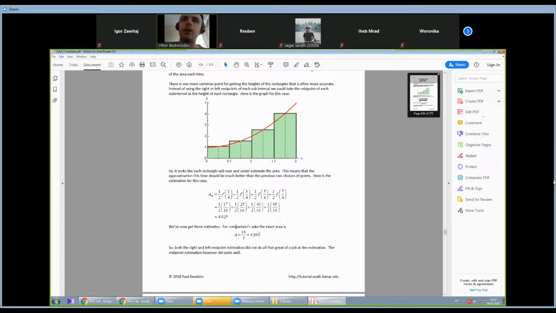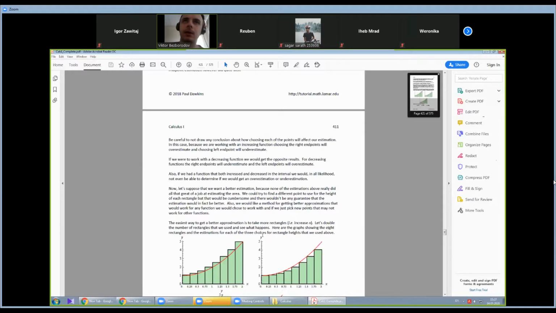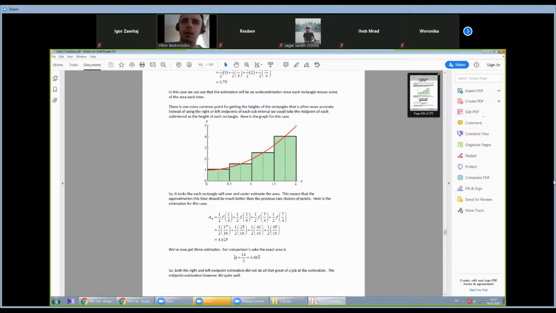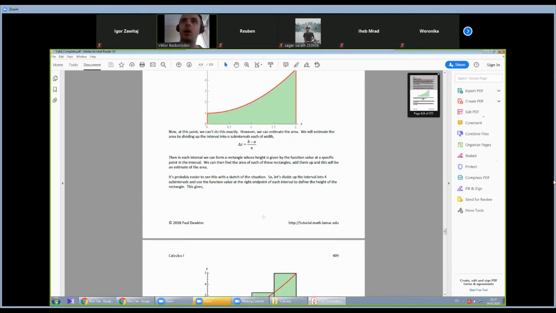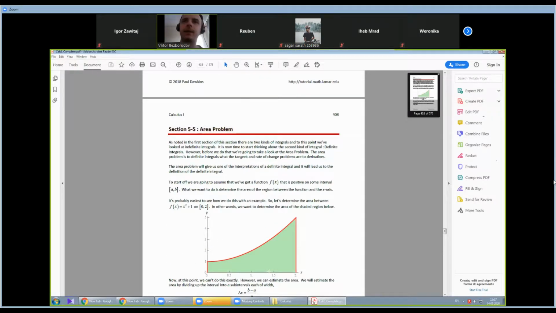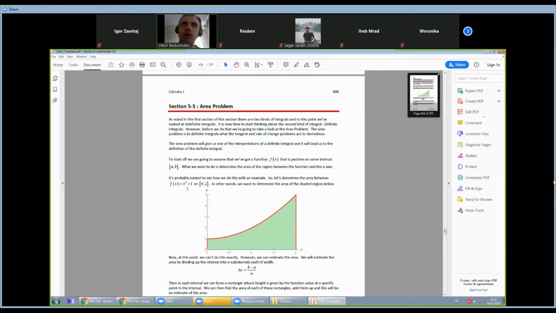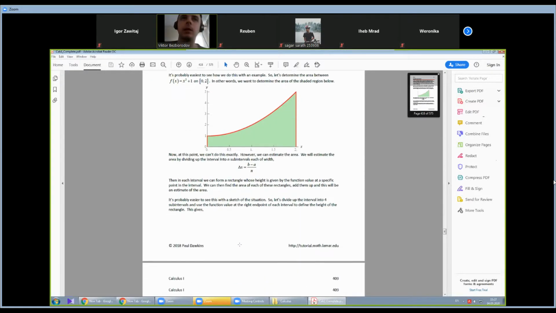Okay, and then the exact value is in fact given by the integral. So the exact value of this green figure, so the exact area, is given by the integral from 0 to 2 of f of x dx, the integral as we defined just at the beginning, right?